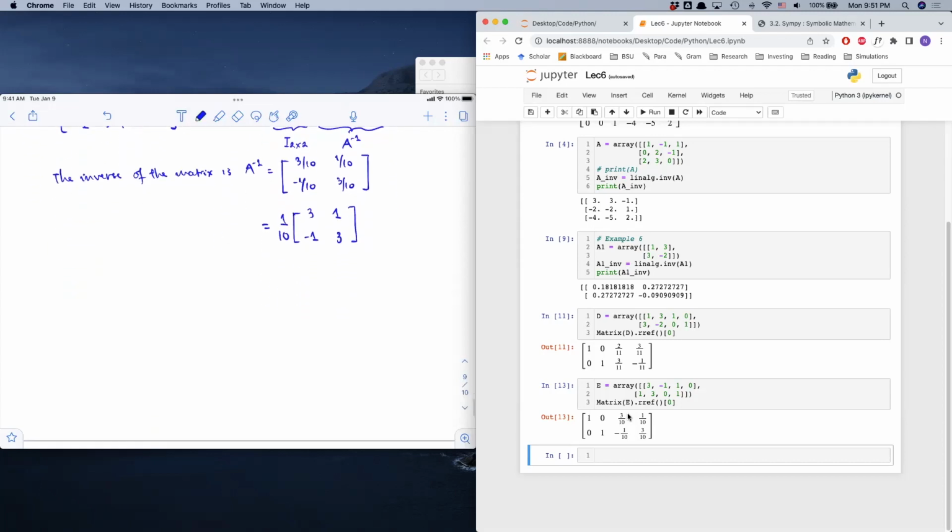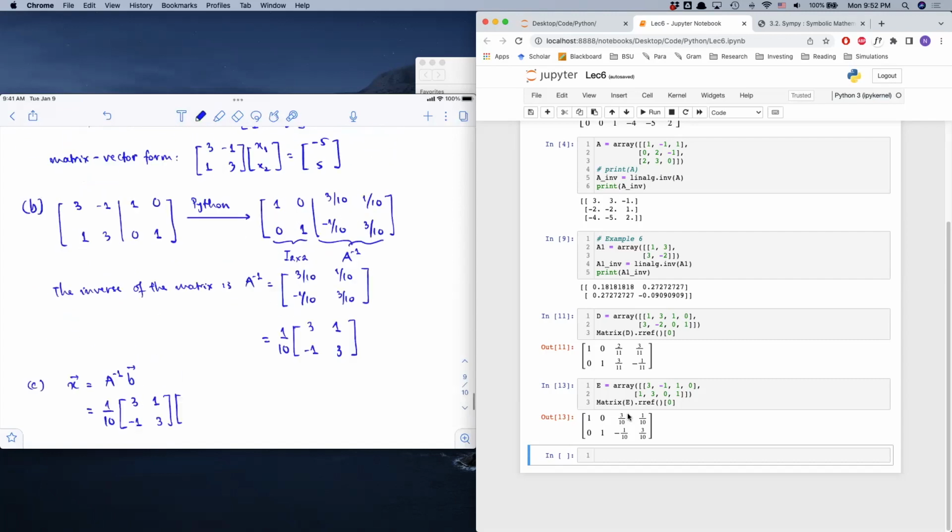All right, so now in the next part, you take this inverse and obtain the solution of the system. Again, the theorem says that if A is an invertible matrix, then the system AX equal to B has a unique solution, and the unique solution is of the form X equal to A inverse times B, or A inverse is 1/10 times 3, 1, -1, 3 times B.